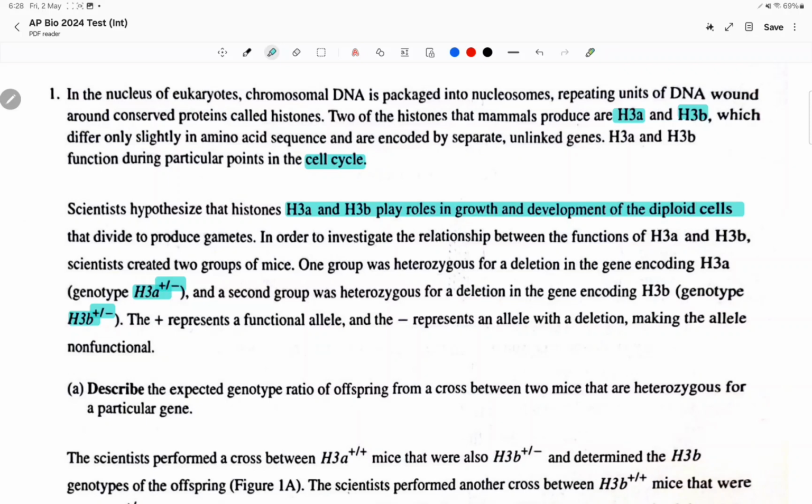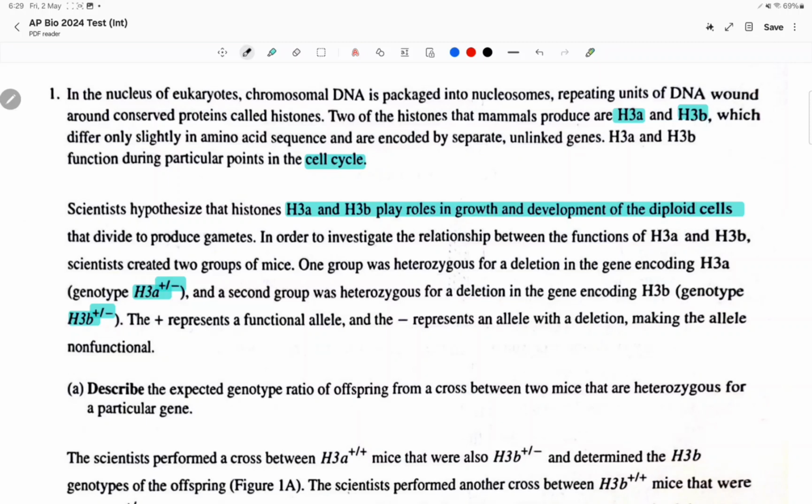So let's go ahead right now and do A. Describe the expected genotype ratio of offspring from a cross between two mice that are heterozygous for a particular gene. So they're heterozygous, right? That means they have one positive copy and one negative copy. It's your choice to mate this one with itself or to mate this one with itself. It won't affect anything because they just want the genotype ratio, basically.